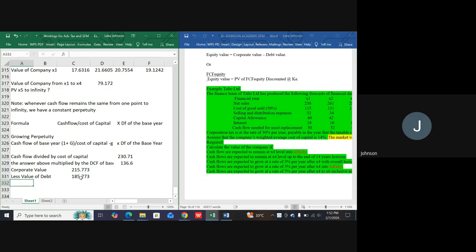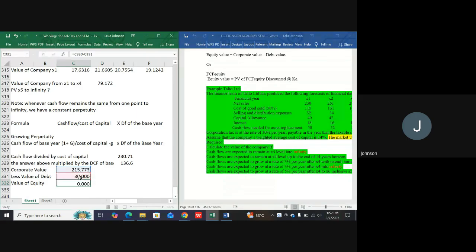Let me put 30 here. I don't want to model it up. At the bottom, I want to say value of equity will be equal to this one here minus this one at the bottom.